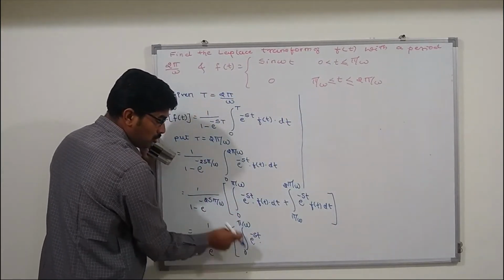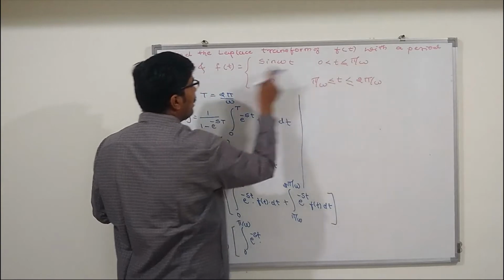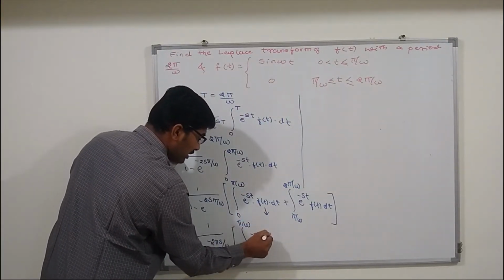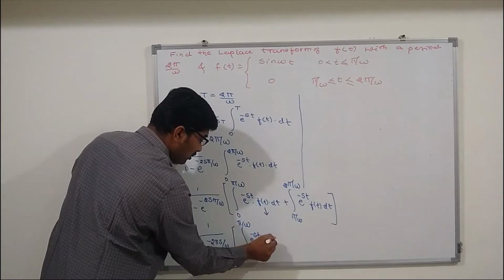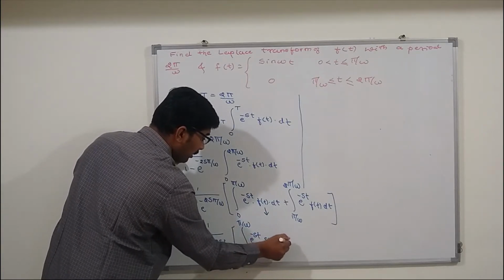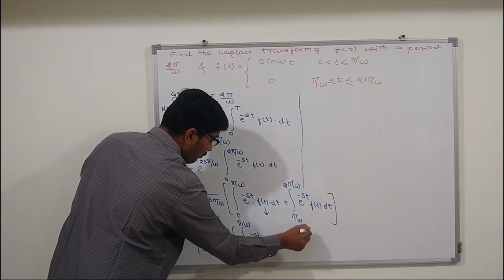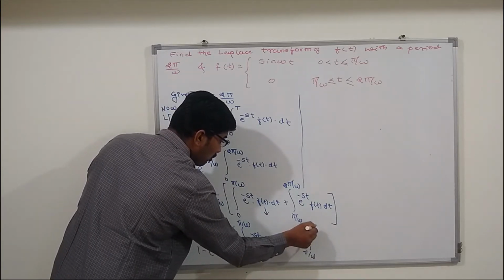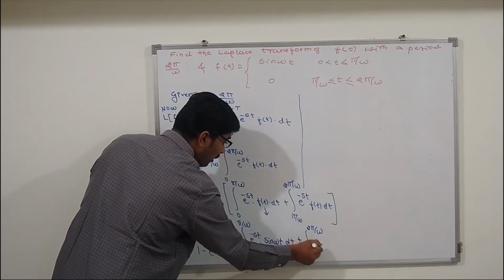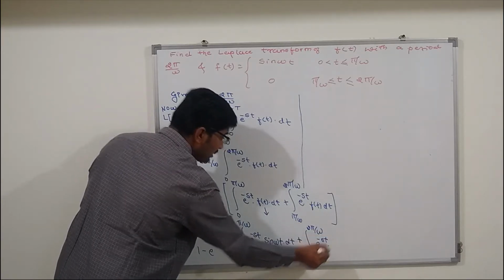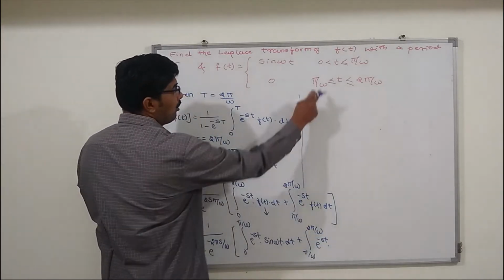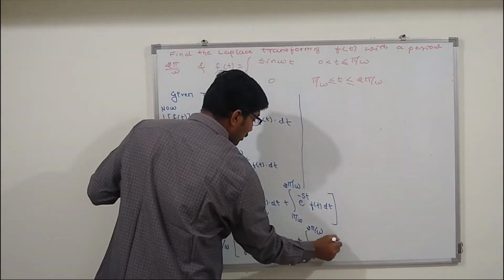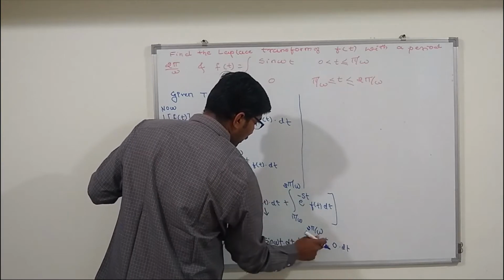So for 0 to pi by omega, f of t is sin omega t, into dt, plus the second one pi by omega to 2 pi by omega, e raised to minus st into f of t, which is 0, into dt.